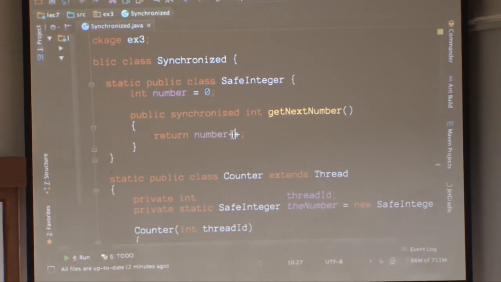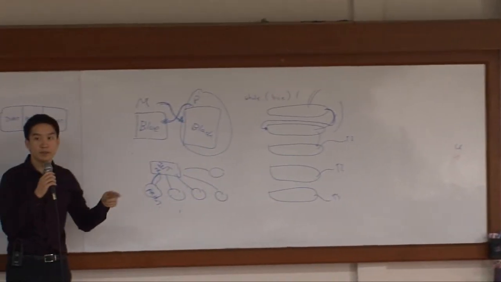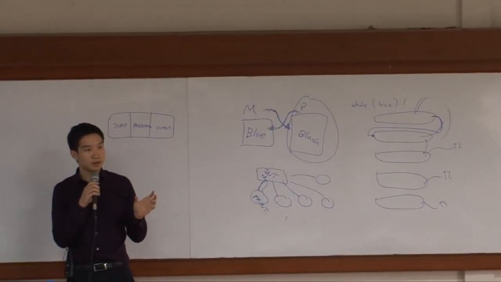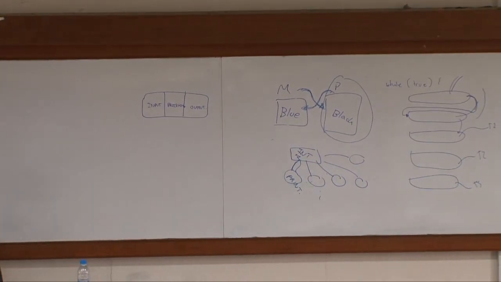And all that it does is increment the number by 1 and then return that value. So for us to make it perform correctly, since we have multiple threads accessing, not only accessing, but also modifying the value, you would need the synchronize keyword. Right? So that's all this application is doing.